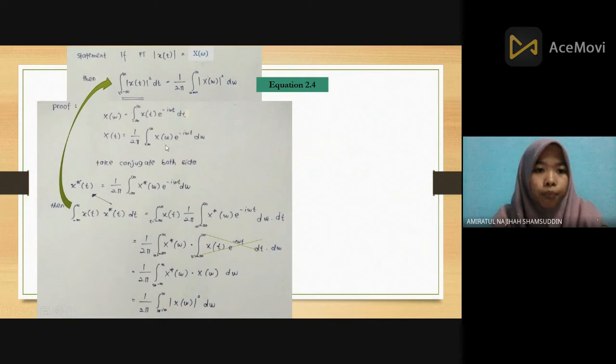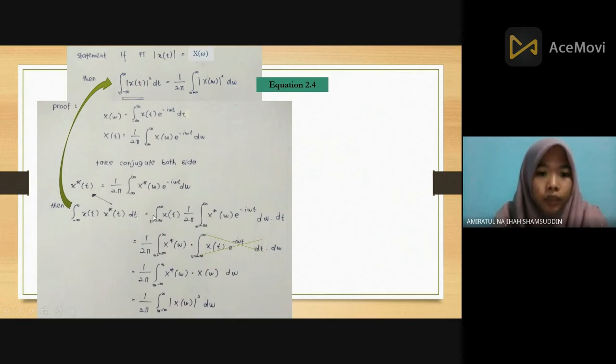From the Fourier transform, we need to conjugate the Fourier transform of x(t). So the conjugate of x(t) becomes x conjugate of t, equal to 1 over 2 pi times the integration of X conjugate of omega multiplied by e to the power negative i omega t with respect to omega. Then, we multiply the real equation of x(t) with the conjugate.